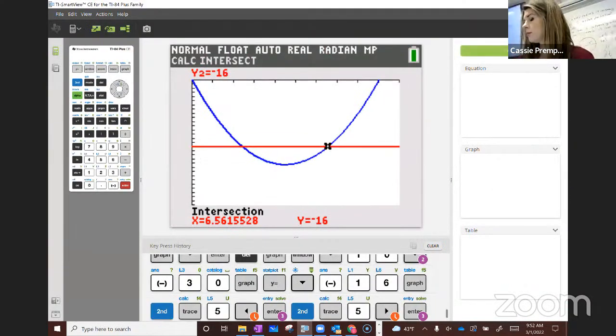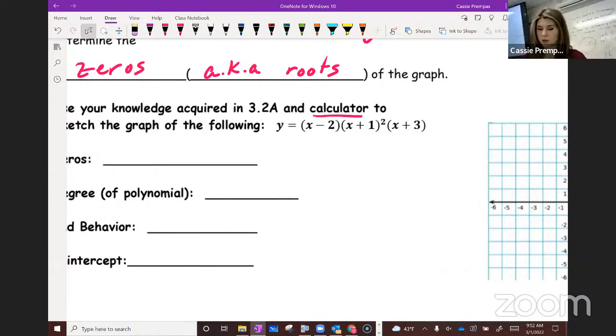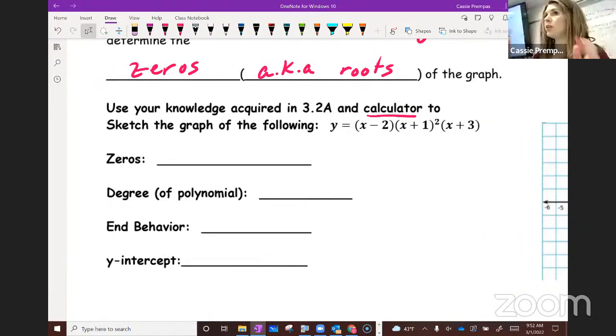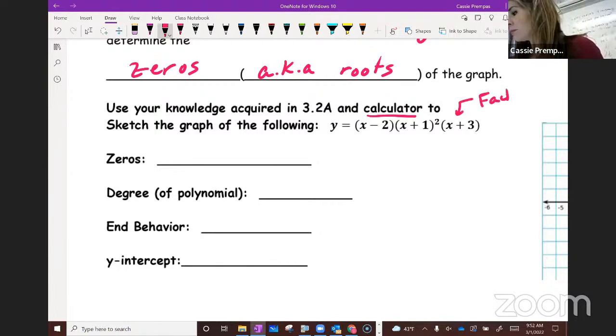Mine's pulled up, awesome. And let's see what we can do based off of what we learned yesterday. Here we're asked to sketch the graph of the following. The first thing I want you to make note of, this is given to you in factored form.